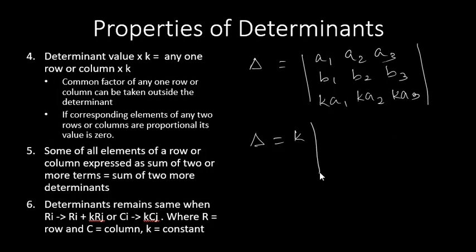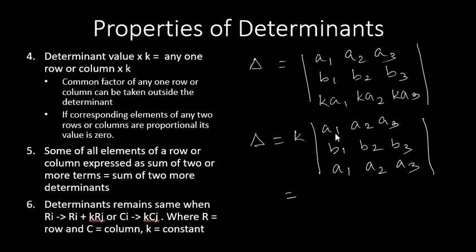We get A1, A2, A3, B1, B2, B3, and again A1, A2, A3. Based on the previous property, these two rows, first and third, are identical.